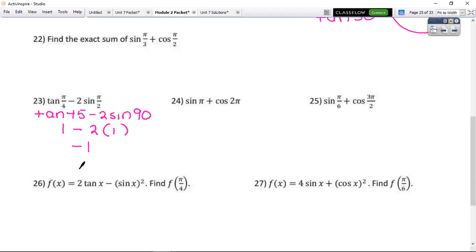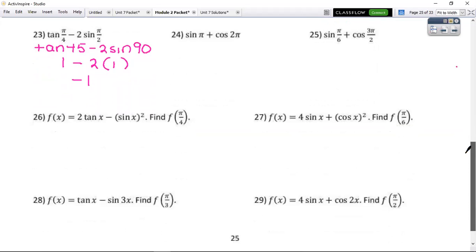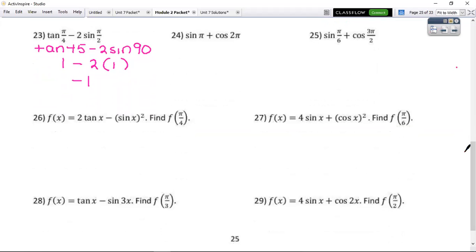All right, hop down to 26 then. You don't need to do all of these. I'm sure you've got the hang of it at this point. So 26, I'm going to sub in pi over 4. Pi over 4 is 45 degrees. I'm going to go 2 times the tan of 45 minus the sine of 45 twice.